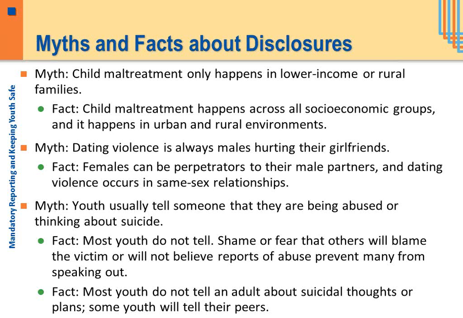In terms of suicide, it turns out that most youth also do not tell adults about suicidal thoughts or plans. Some will tell peers, and there are programs that encourage peer support and give peers tools for being able to handle these disclosures and talk to an adult.